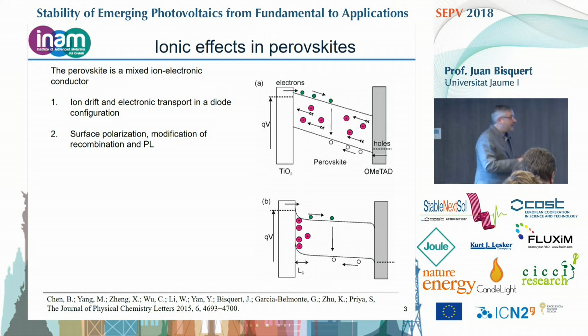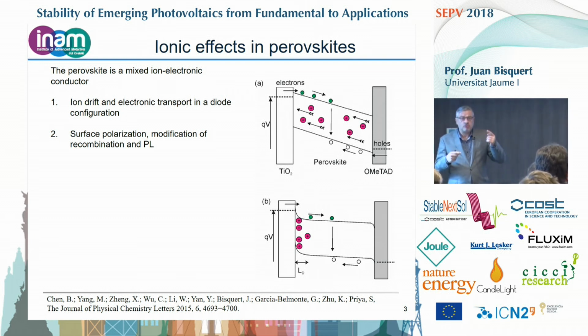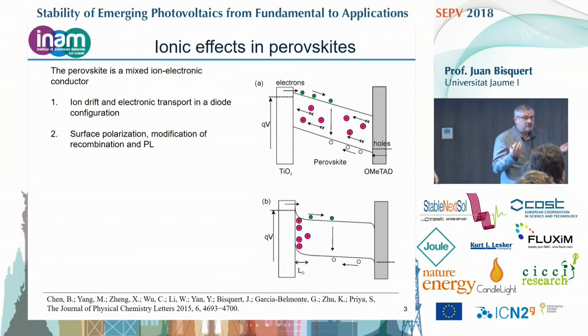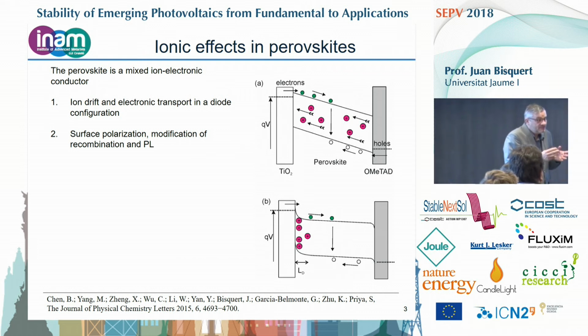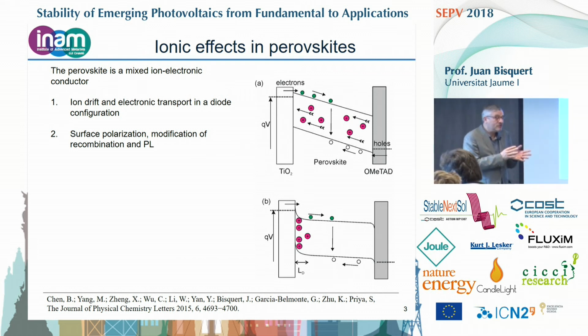Now I am not on a planar mode. This is a diode structure like the solar cell because it has two selective contacts. And then in the normal solar cell, you will inject or extract electrons and holes at the two electrodes. But here you will induce also ion drift. So you have simultaneous ion and electronic motion, and this is called a mixed ion electronic conductor.